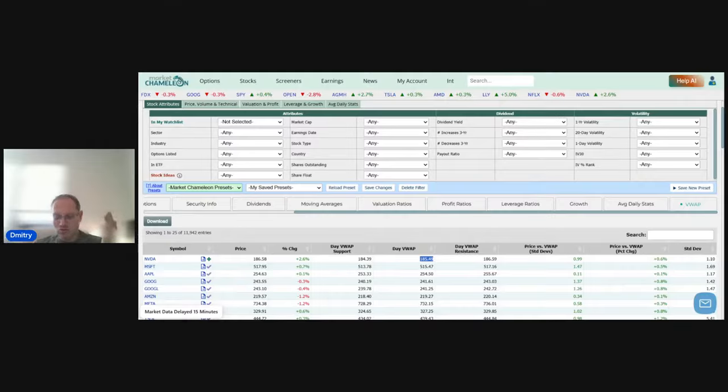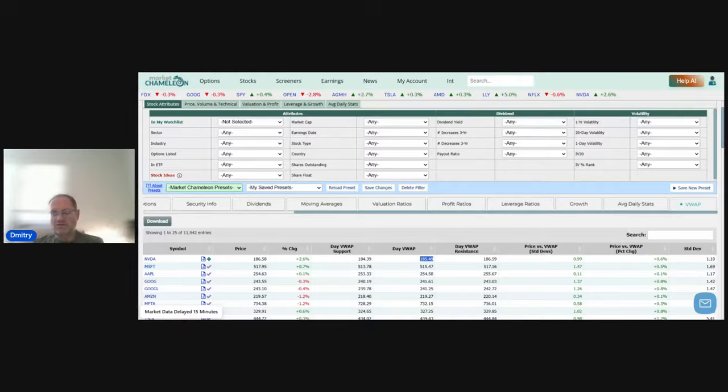So what is the VWAP first? It's the volume weighted average price, and it's an important metric. It's referenced a lot, especially by institutions, because when we look at the fair value of the trade, where's the stock trading at?